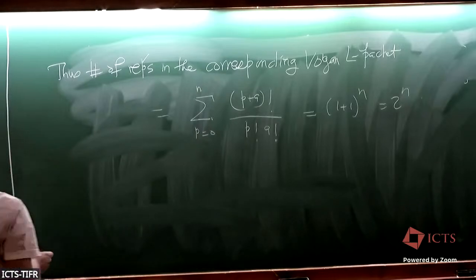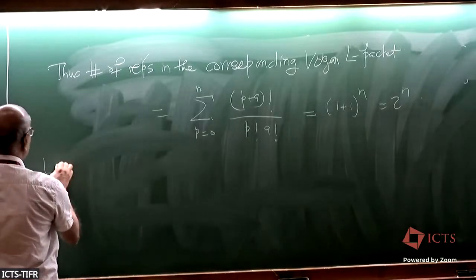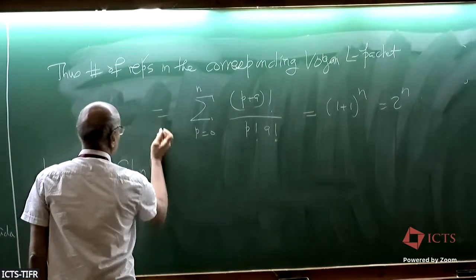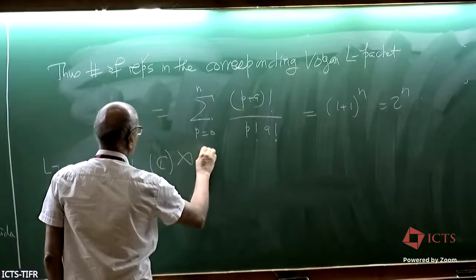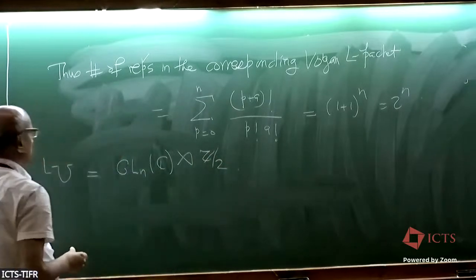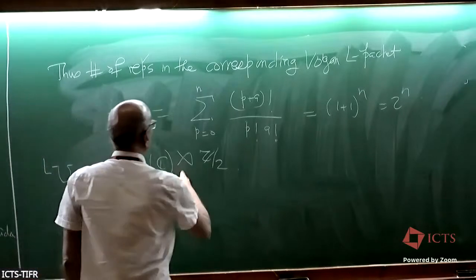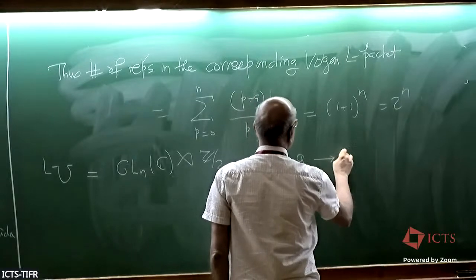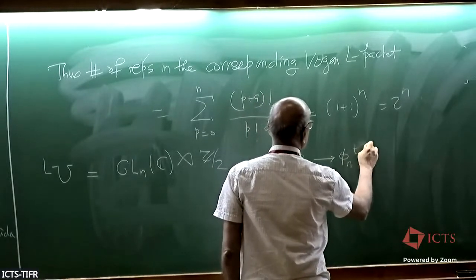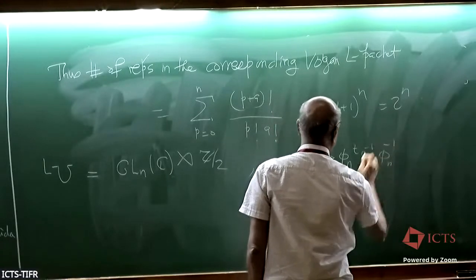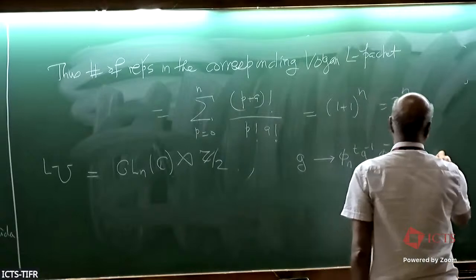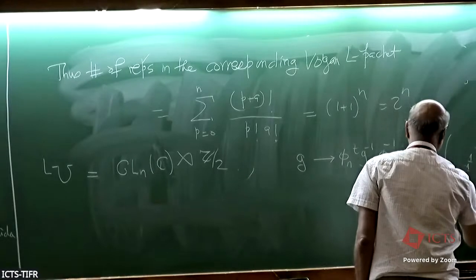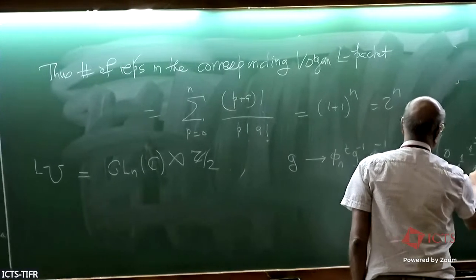So now I have to introduce the L group of the unitary group. This is supposed to be nothing but GL_n(C) semi-direct product with Z mod 2. This semi-direct product is taken by g goes to P_n g transpose inverse P_n inverse, where P_n is the matrix with entries 1, minus 1, 1, minus 1, and so on, up to minus 1 to the power n minus 1.